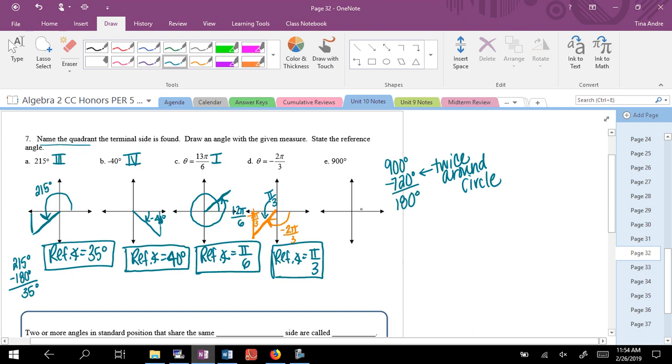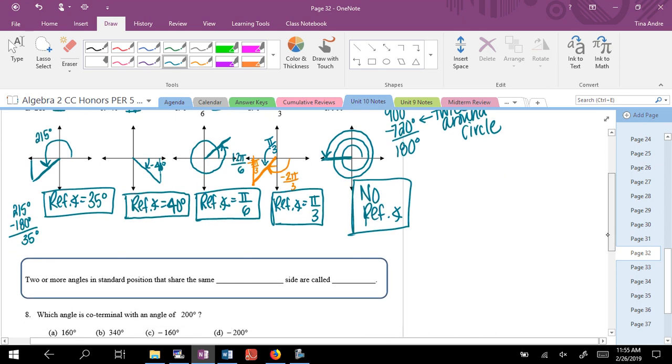So what this really looks like is we're going 1 time for 360, 2 times for 720, and then it's ending up over here, 180 degrees. So this angle is really right here, and it's not going to have a reference angle because it's one of those quadrantal angles. Because it's on the axis.